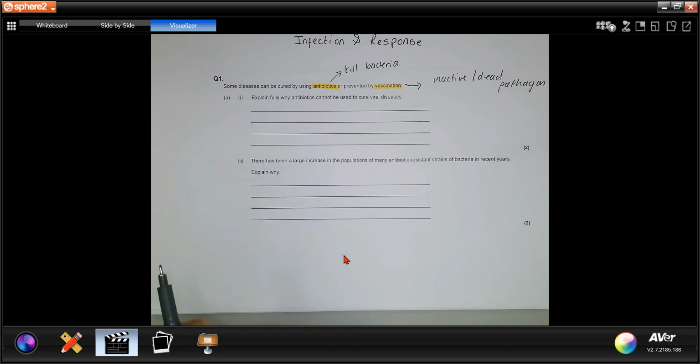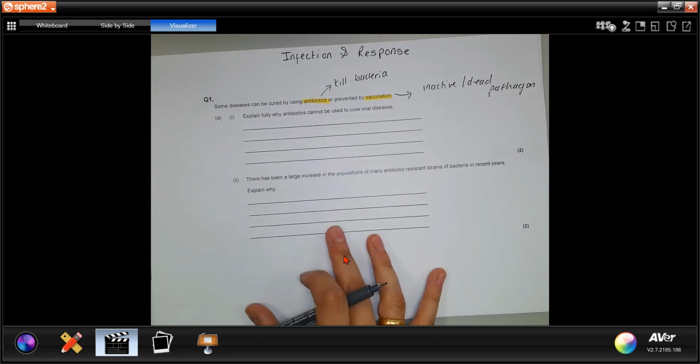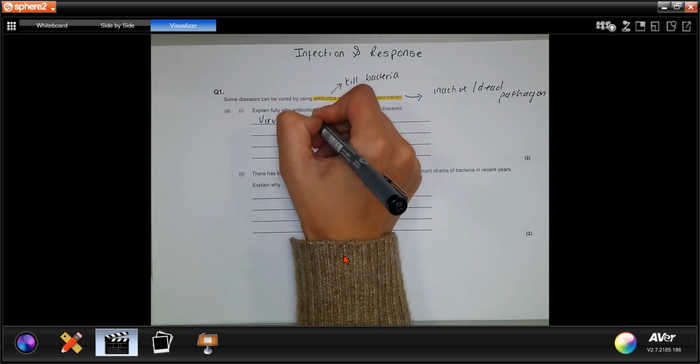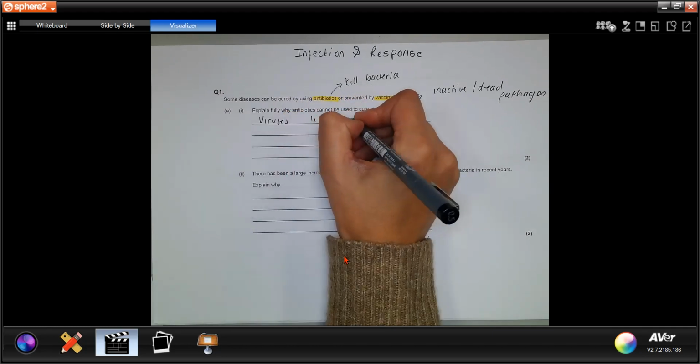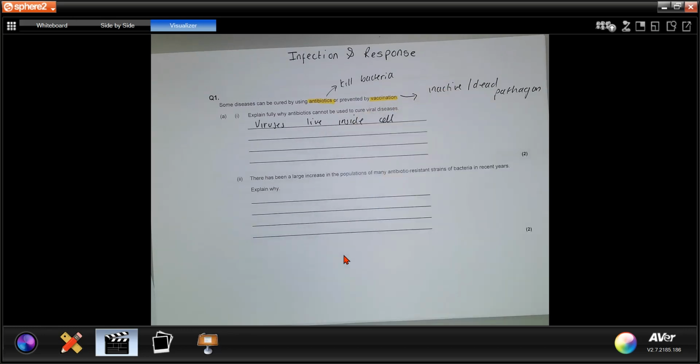Part A asks us to explain fully why an antibiotic cannot be used to cure a viral disease. The reason an antibiotic cannot be used to cure a viral disease is because viruses live inside a host cell. So they will live inside a cell.